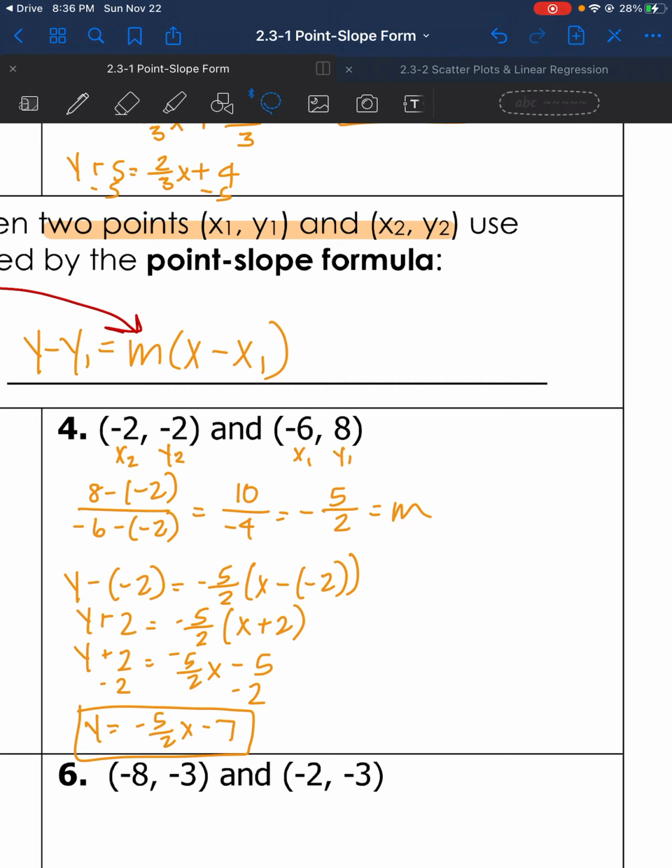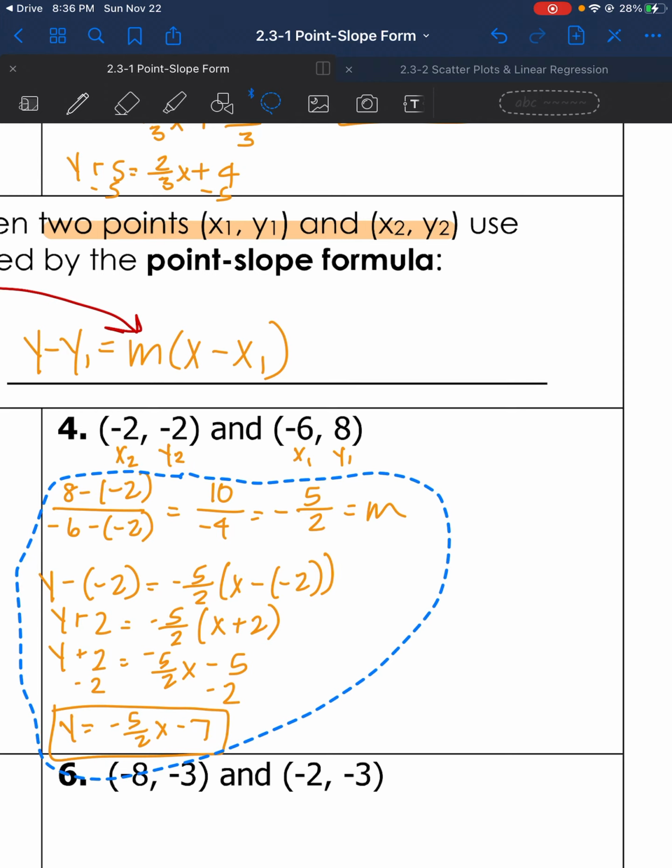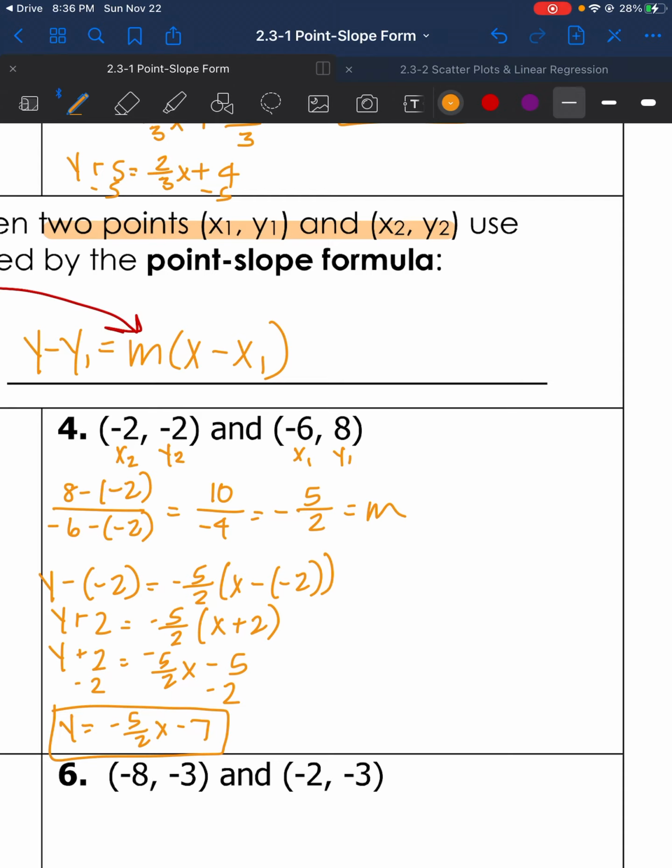I'm going to do the whole thing over using these values, switching these up to show you that it doesn't matter. So I'm going to move this over a little bit so I have some more room. I might run out of room here, but I'll try to write a little bit smaller. Okay, so switching these up.